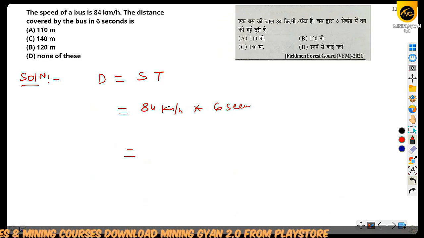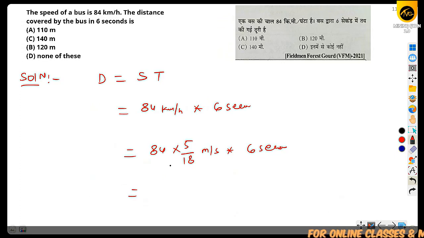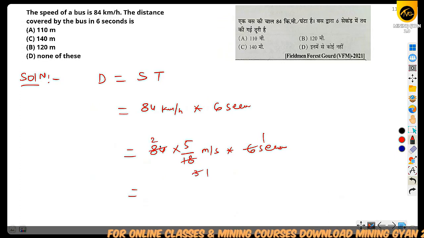So that's why you have to convert kilometer per hour into meter per second, right? What is the process of converting kilometer per hour? Just multiply by 5 divided by 18 and it will be meter per second. 6 ones are 6, 6 threes are 18, 3 ones, and it will be 2 and 24, so that's why it will be 28.